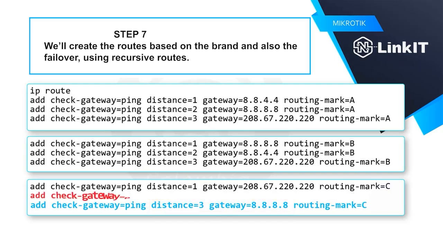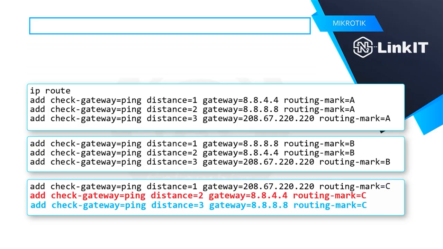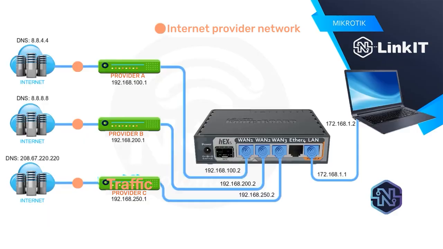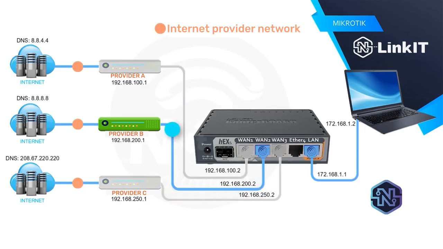This is so that if the route with distance 2 fails, then this route we are creating will come into action, meaning it will become active and pick up all that traffic that provider C initially had, and that provider A took over. But after this provider also stopped operating due to some technical failure, then the MikroTik will automatically route all this traffic through provider B.